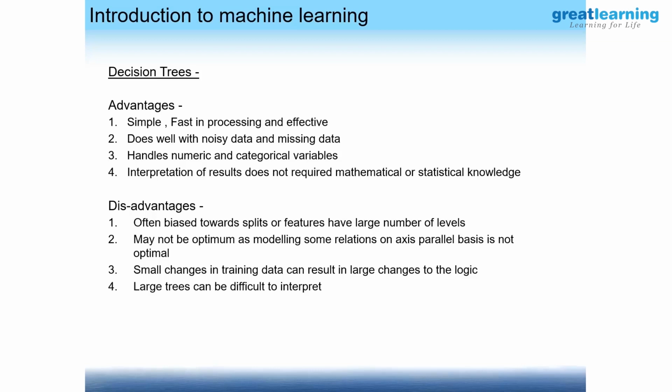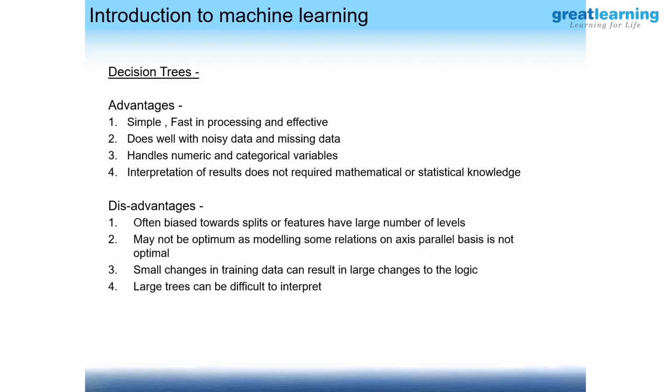And as I told you, with a decision tree, even a slight change in the distribution of the underlying data set can change the tree structure completely. So you have to take this with a slight pinch of salt, but this is true. It can handle numeric and categorical variables. You don't need very high-fi knowledge of statistics or mathematics to make use of a decision tree. The formula which I showed you is only conceptual. You don't even need to know that.